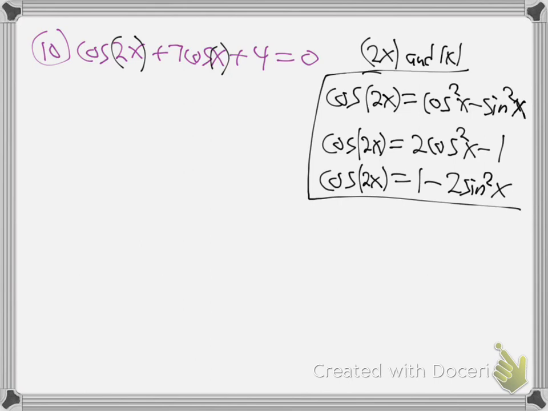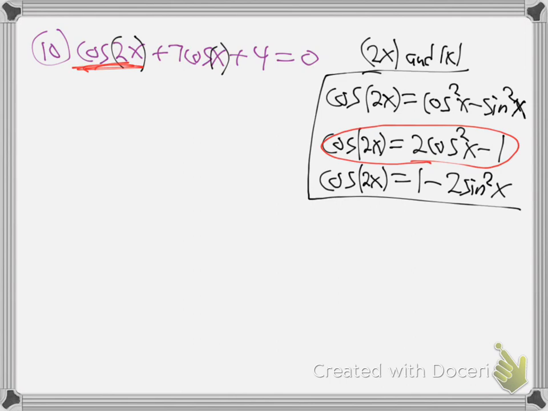So, we good so far? All is well? This piece right here, I'm going to replace it with one of those. Which one? This one, because that one is pure cosine, and that's what I want.